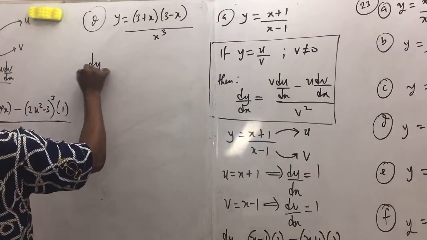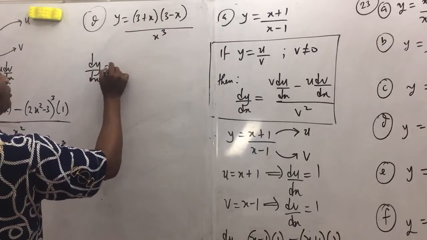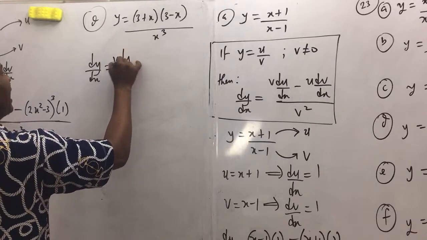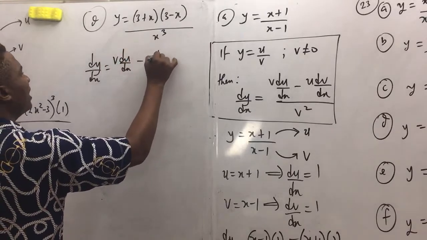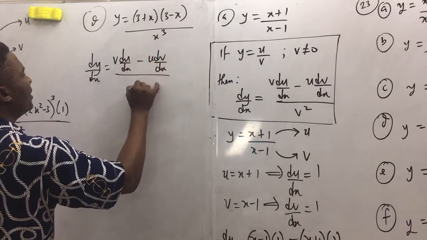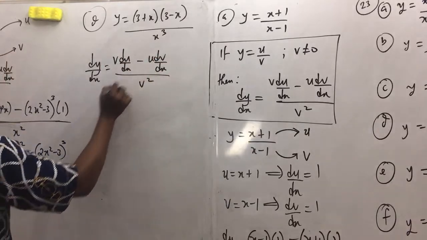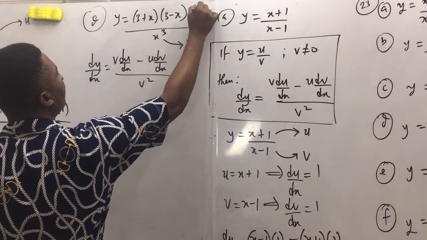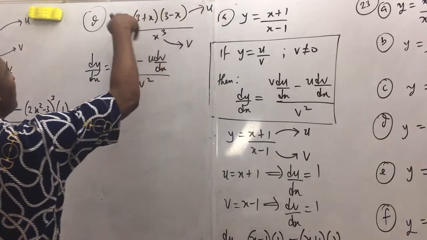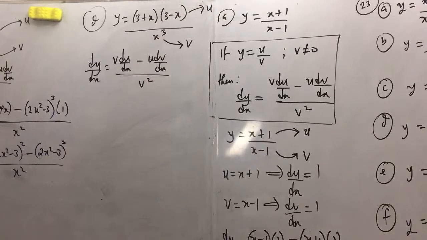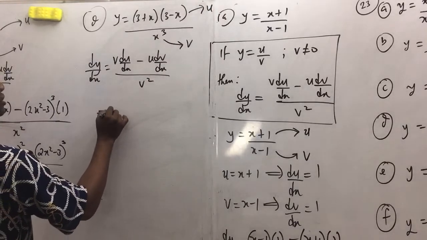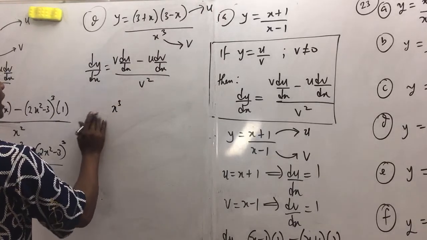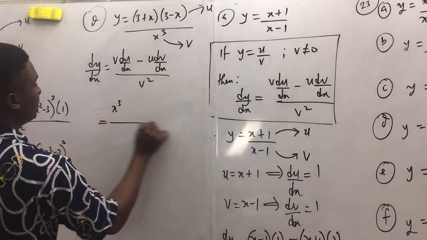So dy/dx is equal to v du/dx minus u dv/dx all over v squared. Now what is our v? I'm going to call our v here x cubed, and I'm going to call our u the numerator, everything there. So differentiating, keeping v constant will mean keeping x raised to power 3 constant.